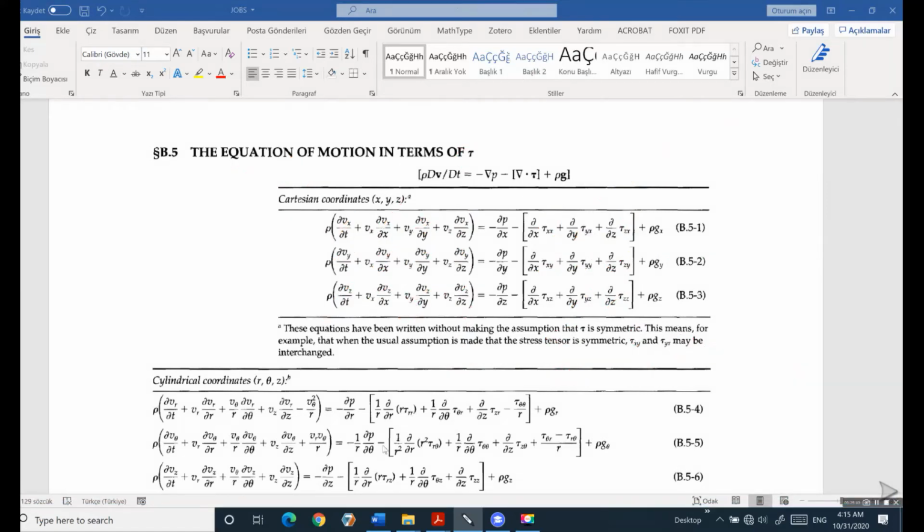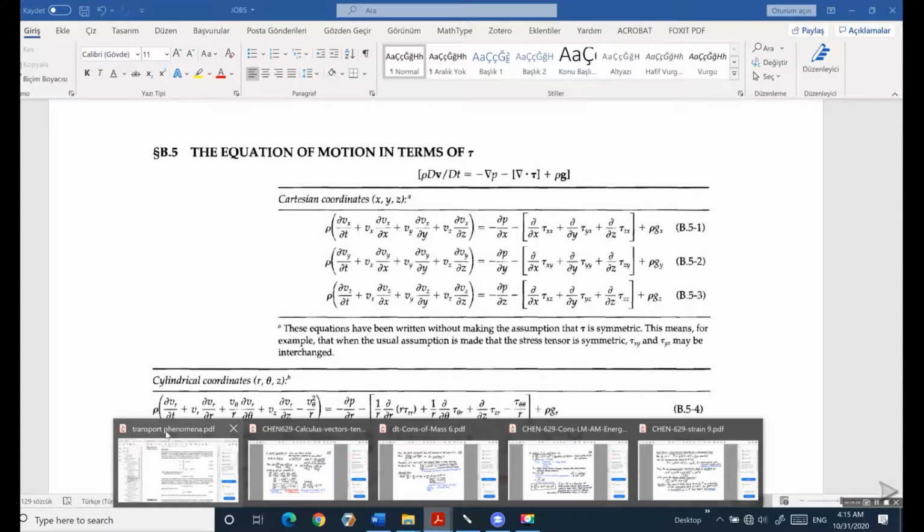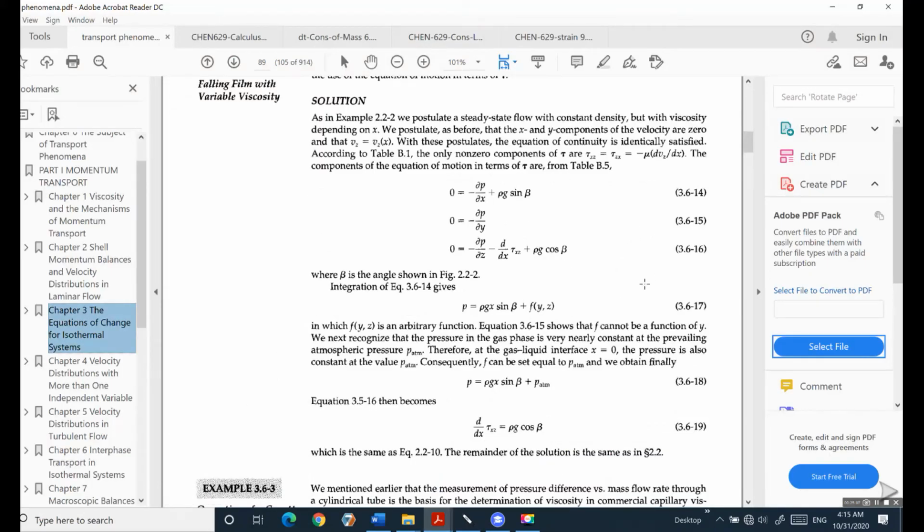So we go to the book. What we get from that, in the first one, is that one actually.